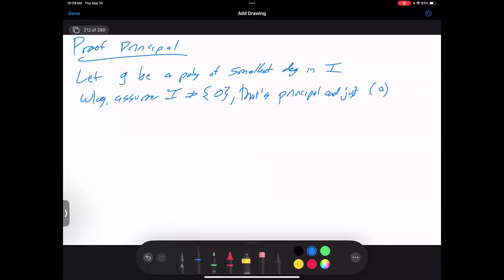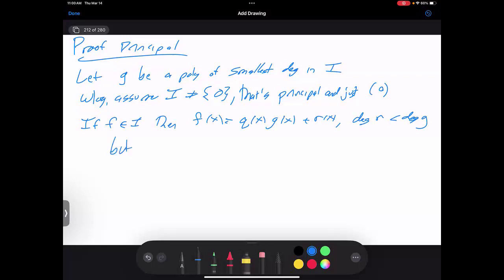So we need to show that I is principal. So G is a polynomial of smallest degree. If F is in I, then I can write F of X as Q of X, G of X plus R of X, where the degree of R is less than the degree of G. But R of X equals F of X minus Q of X, G of X.